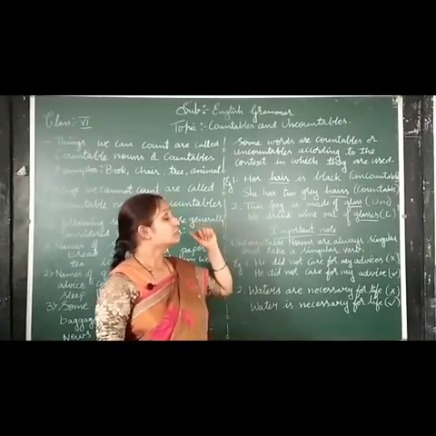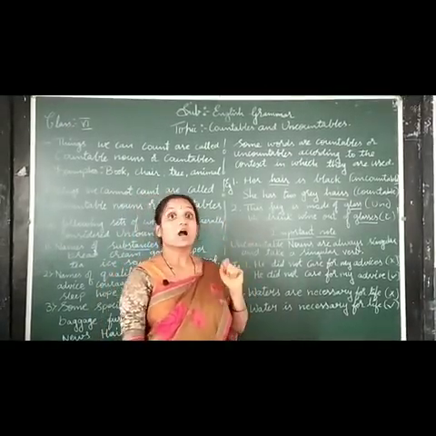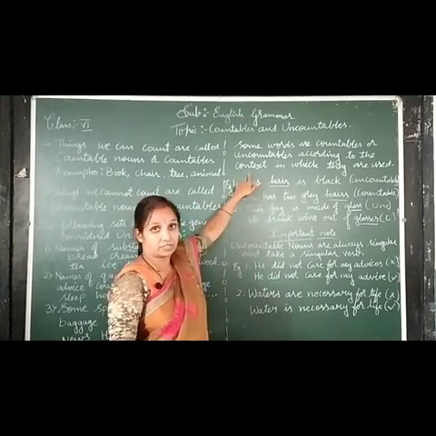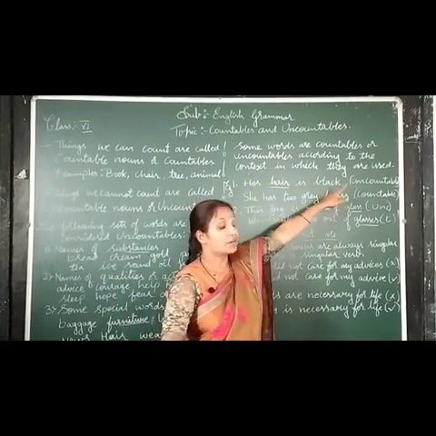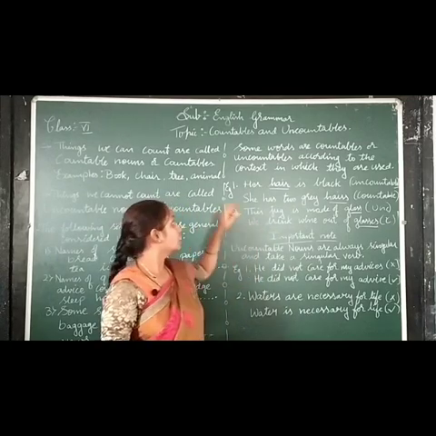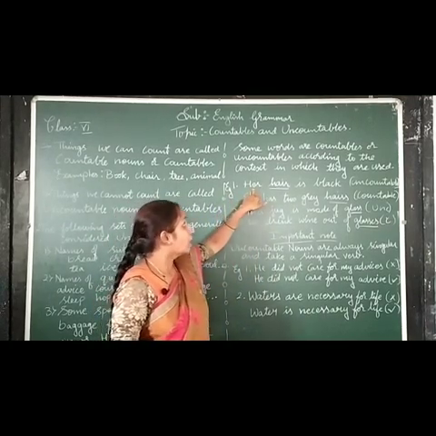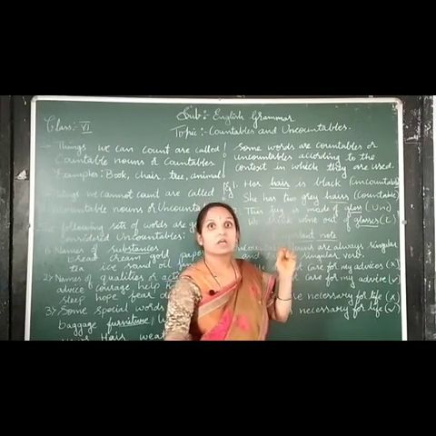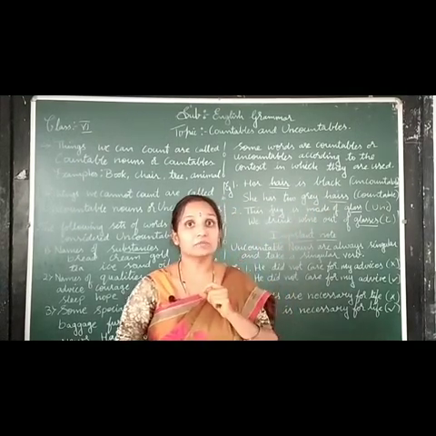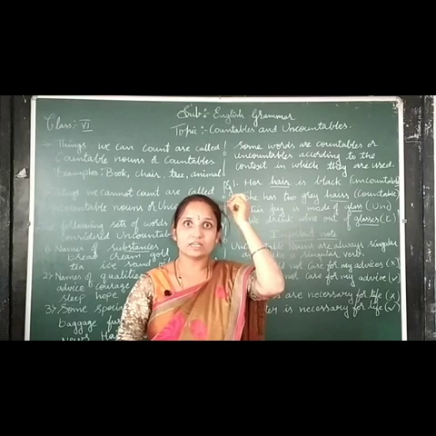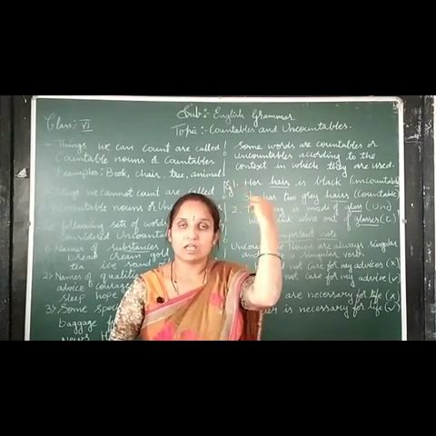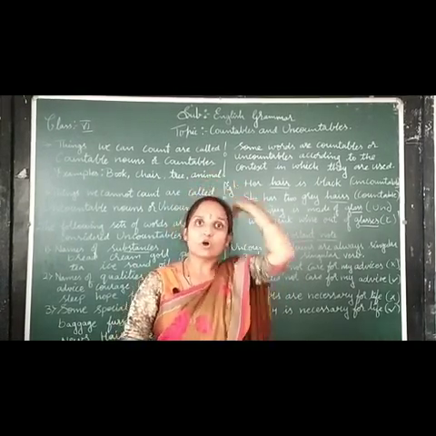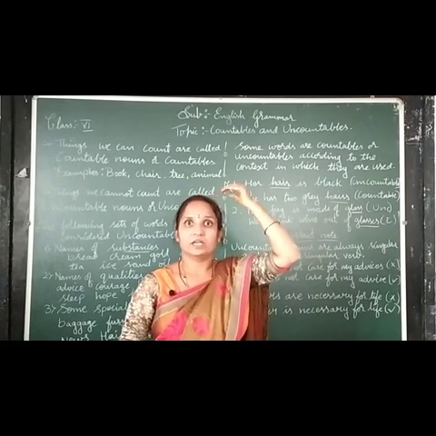Some words are countable and uncountable according to the context in which they are used. How? Example: her hair is black. It means her hair. Hair is not considered just these; it is considered overall the head.